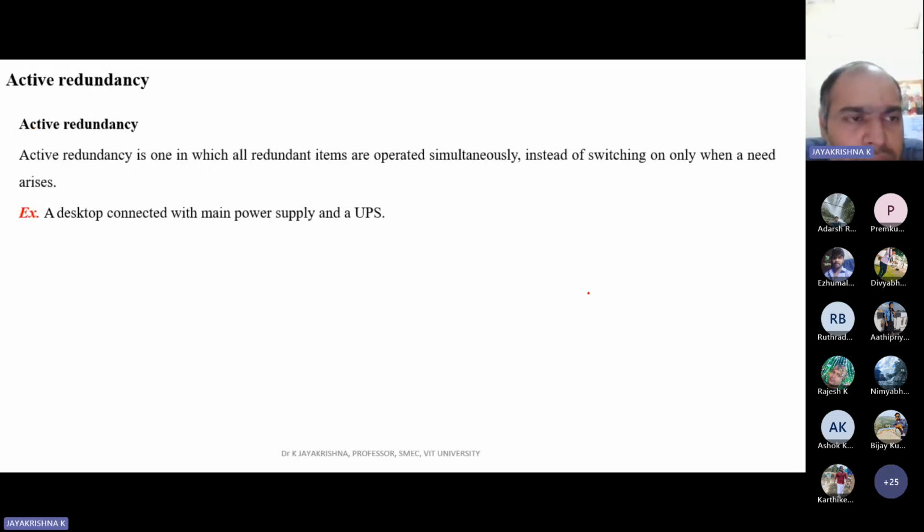Okay. Next, we have something called active redundancy. So what is active redundancy? Active redundancy is one in which all redundant items are operated simultaneously, instead of switching on only when a need arises. Both redundancy means two ways of doing a thing, and these two ways are always active.